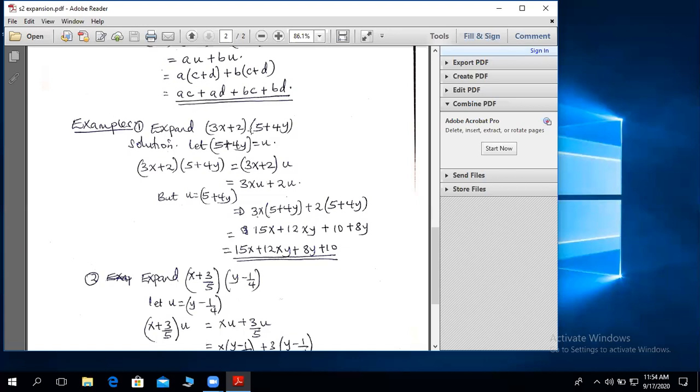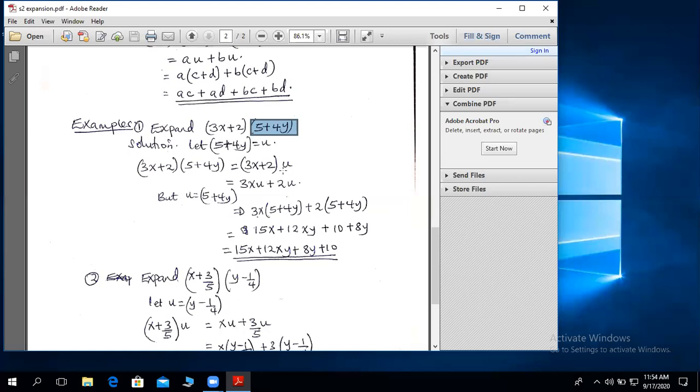Alternatively, we say let this one be equal to U. If it is equal to U, then what we are expanding here, 3x plus 2 into 5 plus 4y, will now become 3x plus 2, and where there is 5 plus 4y, we put U, like this.